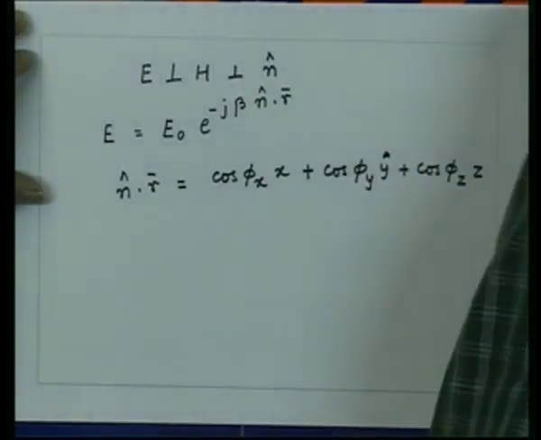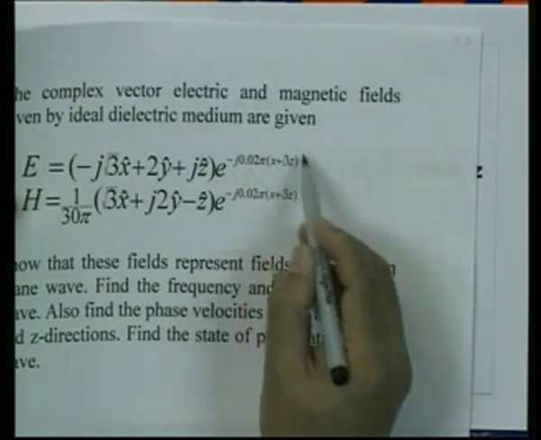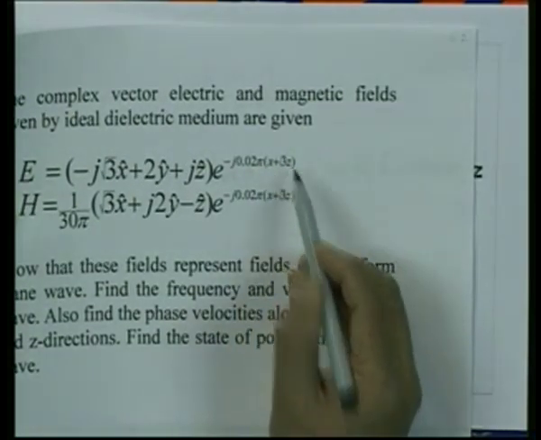And in this case it is given by this quantity here, which is x plus root 3 z.